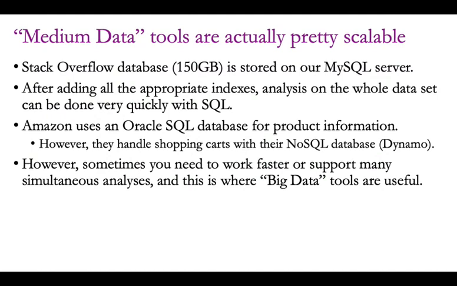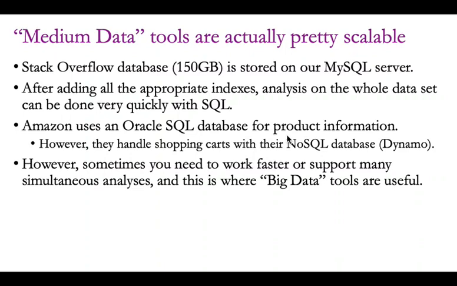So even a really big online store, like the Amazon store, I think all their products are stored in a SQL database, although they do have some information that's stored in a NoSQL database, like the shopping carts that all their users build. But the actual product information is in a SQL database because there are a lot more shopping carts created than there are individual products.